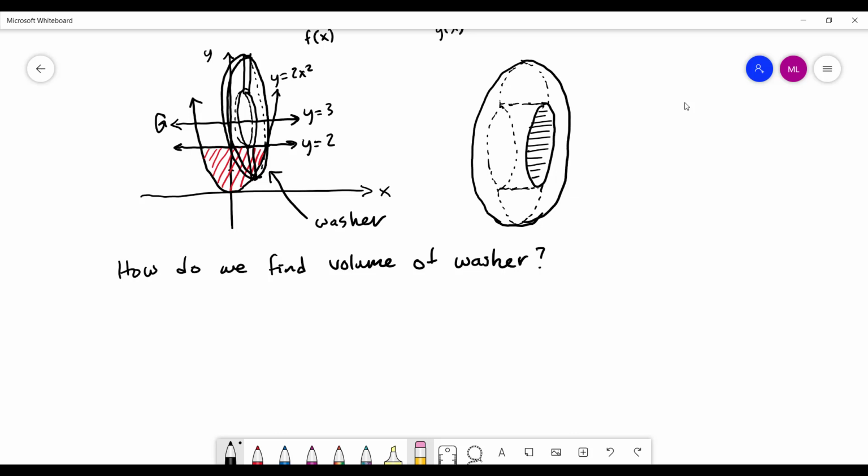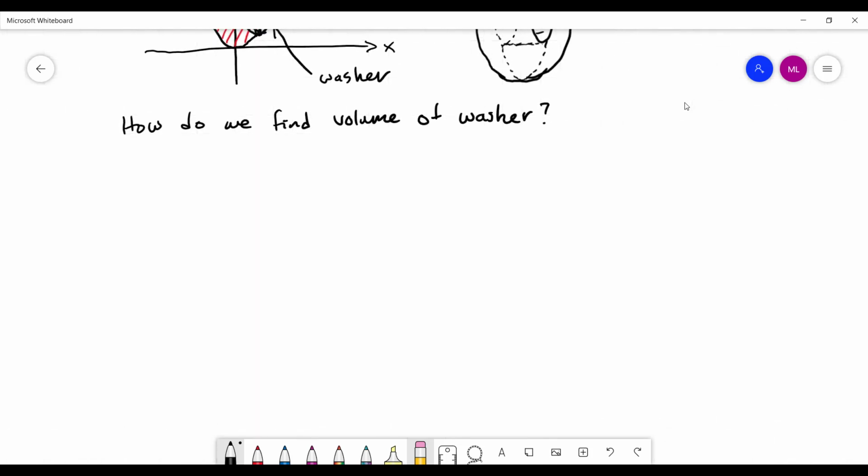So you can think of it as, and hopefully a clearer picture, just imagine here's our initial disk. We can find the volume of that, but now I'm just cutting out another disk from that. So I'm going to remove a disk from a disk to get a washer.